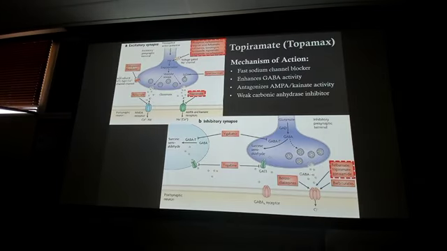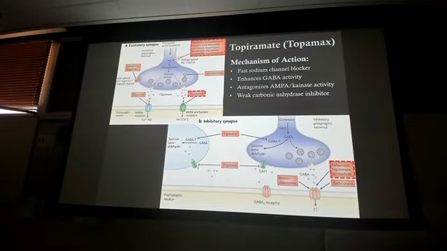Okay, so your topiramate or Topamax, very popular medication that's used. You see here, again, we're back in our sodium channel blocker. What's different about this one, in our GABA activity being enhanced, is you have that AMPA kainate activity. And essentially what that's doing is it's like increasing the glutamate activity, right?